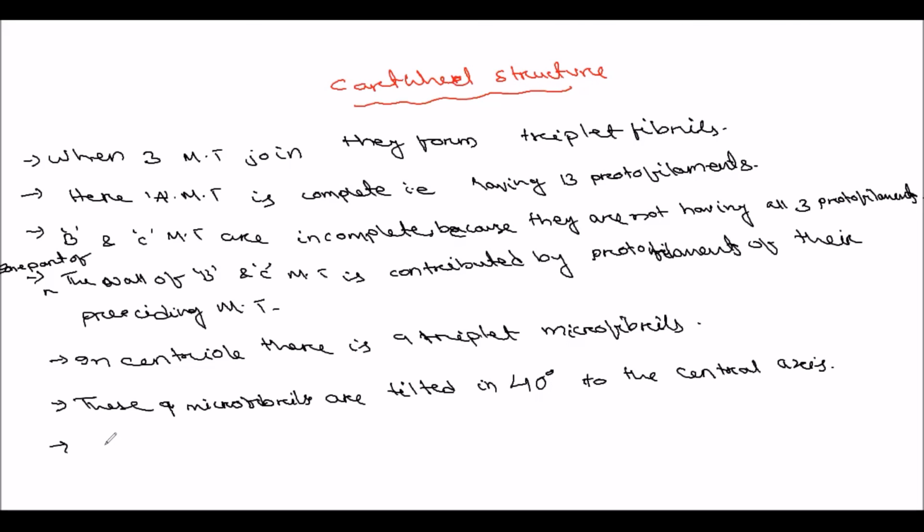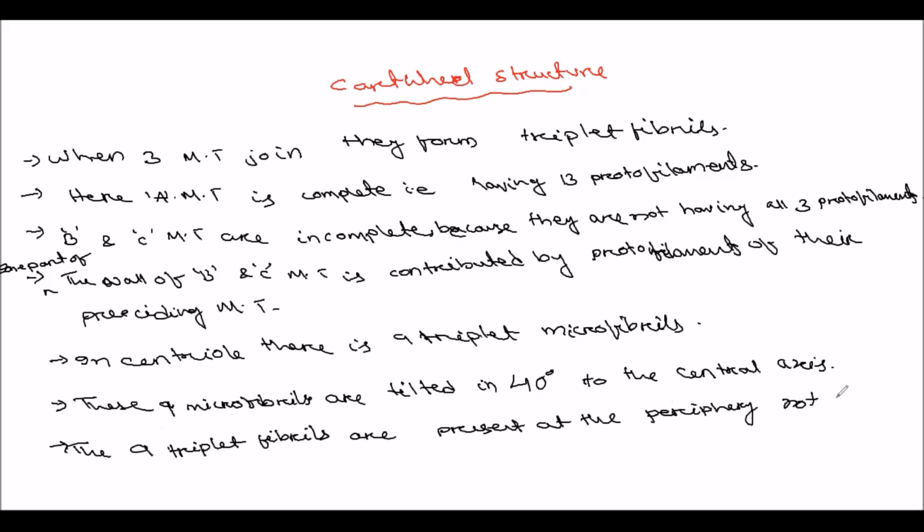Then the 9 triplet fibrils are present at the periphery, not in the center. Okay, that's why that arrangement is the 9+0 arrangement.